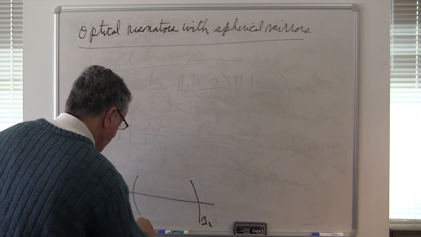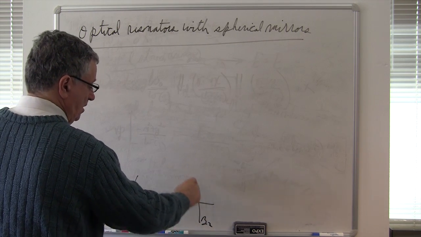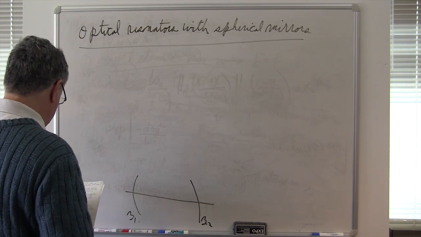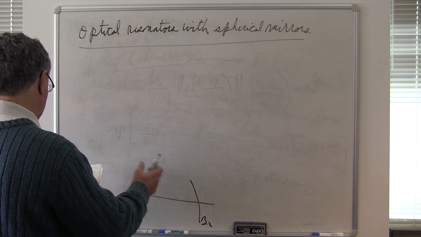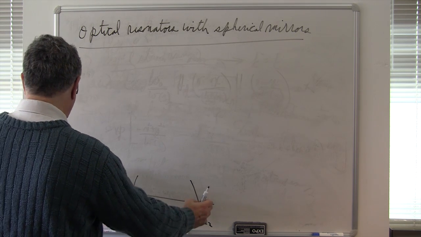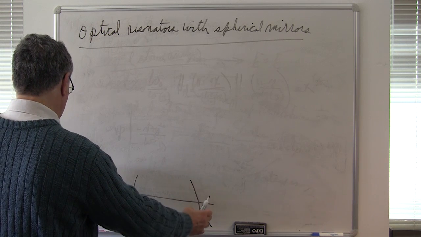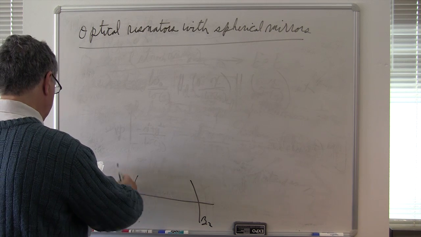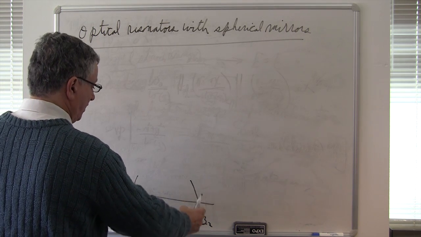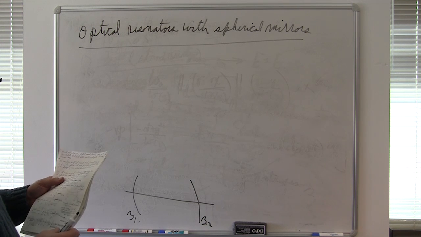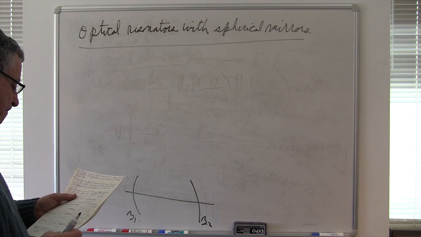So if you put two curved mirrors there, they could have different radii of curvature. So an optical resonator can be created merely by inserting at point Z1 and Z2 two reflectors with radii of curvature that match those of the propagating spherical phase front at these points. Okay? So this is in words what I've said.